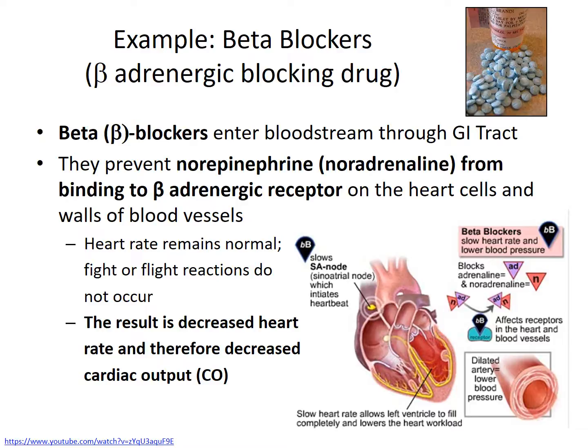So it blocks the effects of norepinephrine. Thus, even with the sympathetic nervous system firing, the heart rate will not increase because there are no receptors for norepinephrine to bind to. The result is a decreased heart rate and decreased cardiac output, which is the amount of blood that the heart pumps per minute.